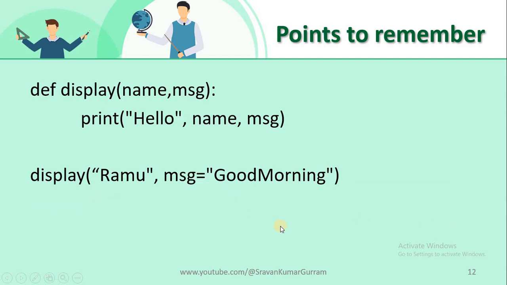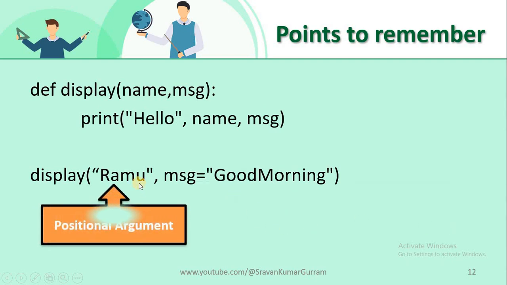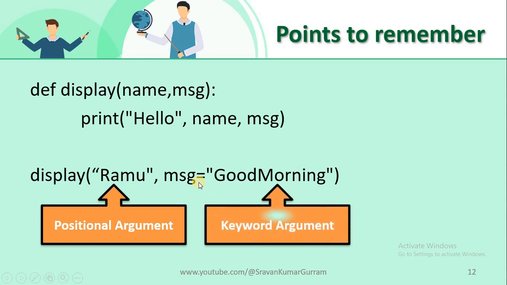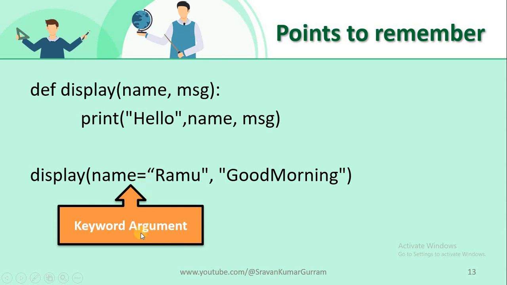For example, if we write the code where the first argument is a positional argument and the second argument is a keyword argument, because we are using the parameter name here, message. This is a keyword argument. If we write like that, that is also valid. You must remember the order of the arguments is positional argument first, then keyword argument. If you write a keyword argument first, name assignment Ramu, here we are using the parameter name, right?